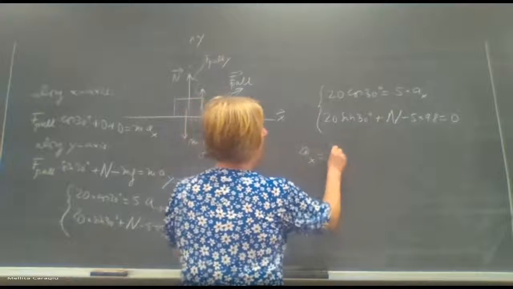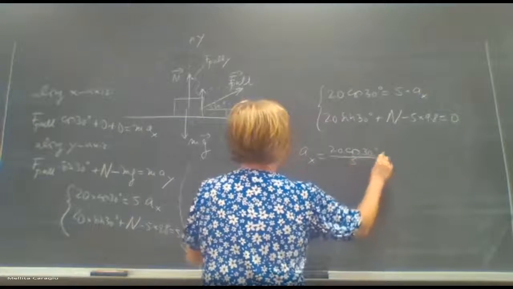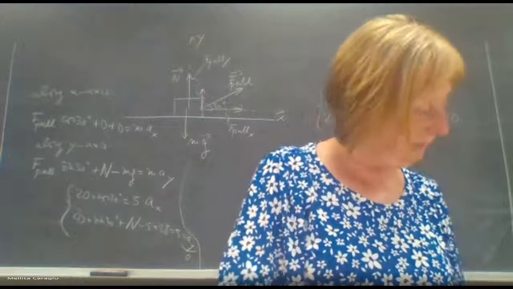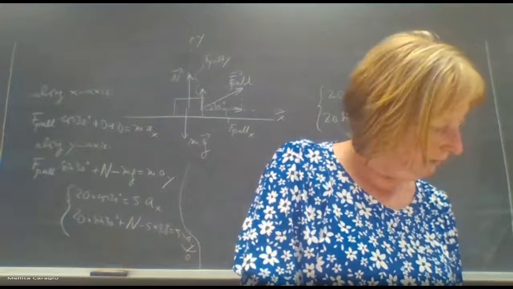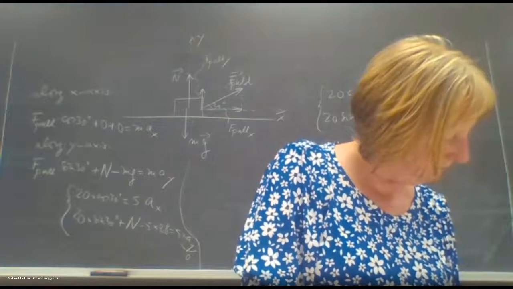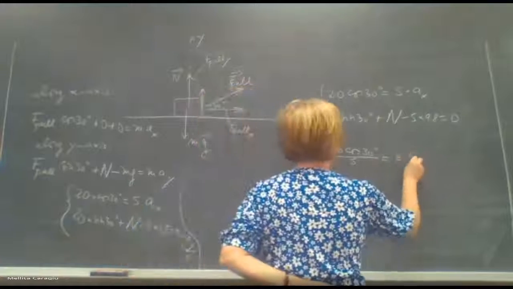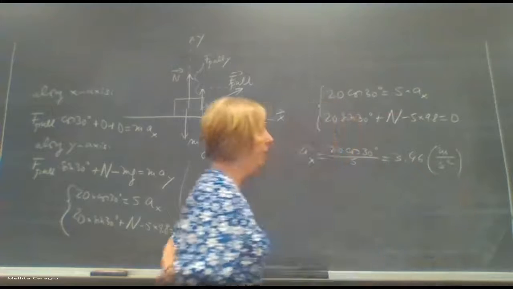So we get acceleration along x as 20 cosine 30 divided by 5, and that is 3.46, and the unit being meters per second squared.